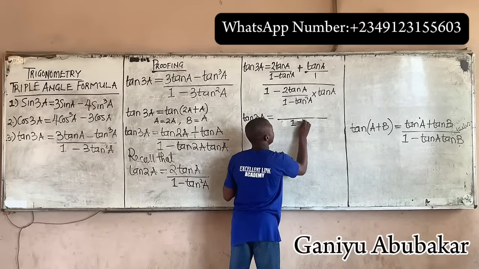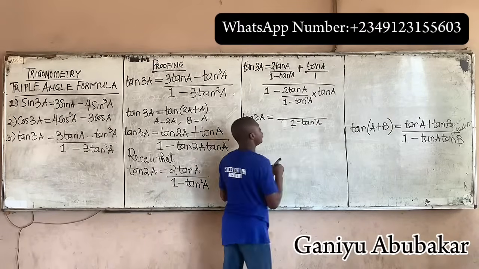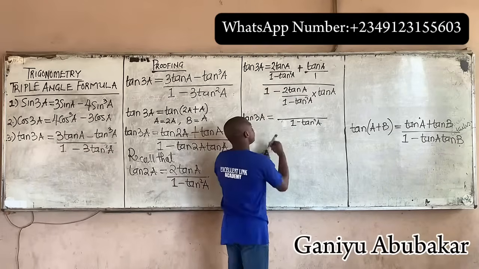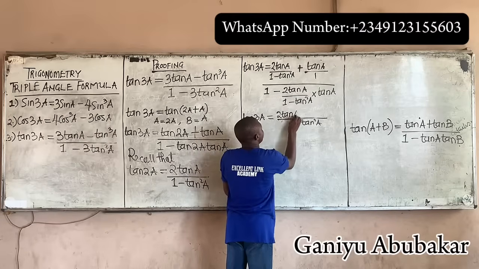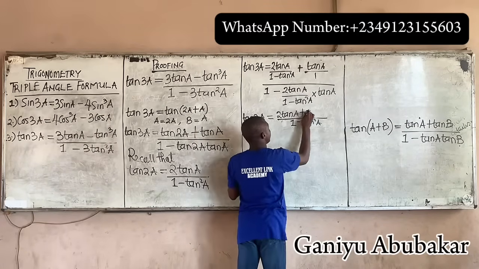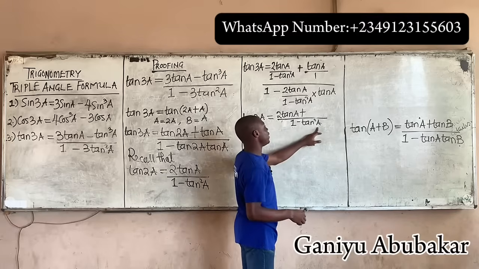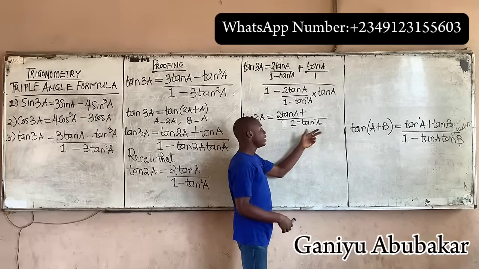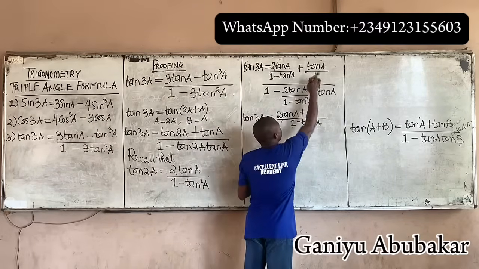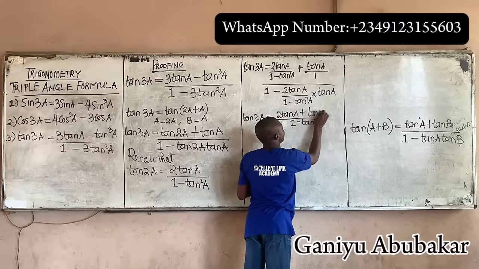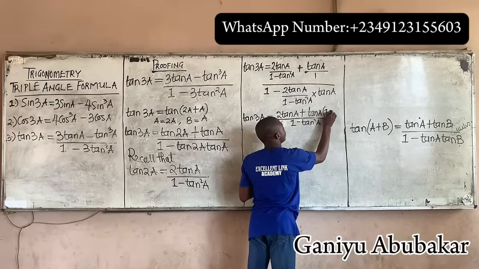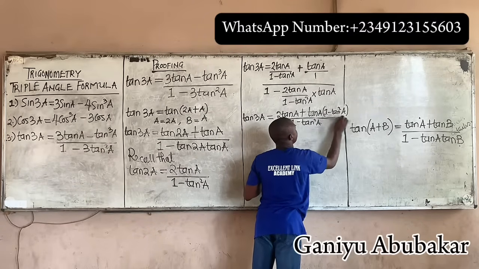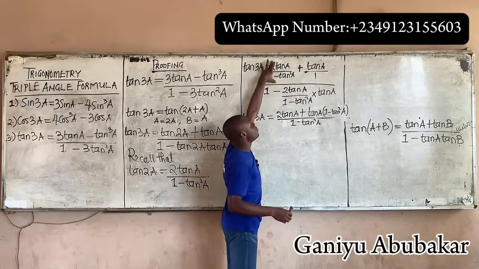This value divided by this is 1. 1 times 2 tan a gives 2 tan a, plus 1 minus tan squared a divided by 1 is still 1 minus tan squared a. This value times this becomes tan squared a into 1 minus tan squared a. So this value here is for only the numerator.